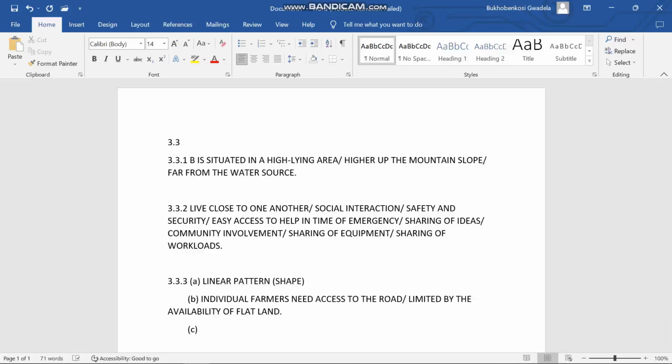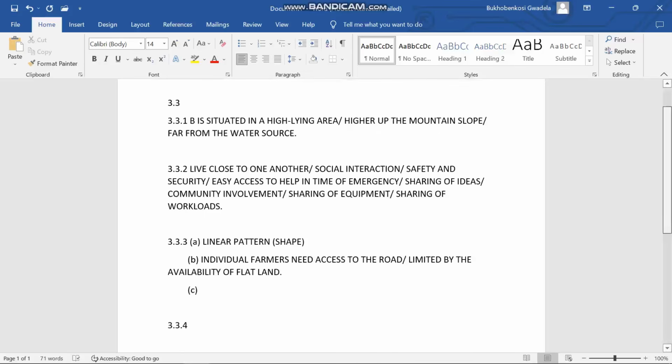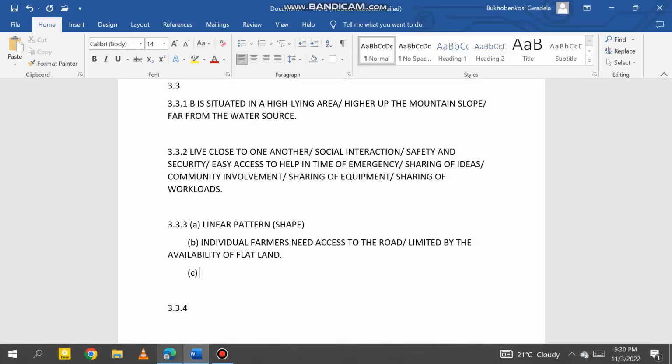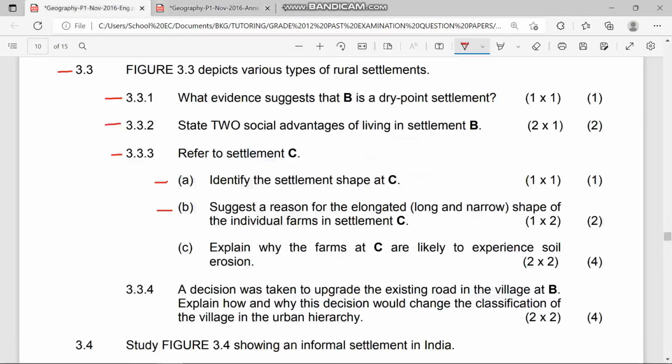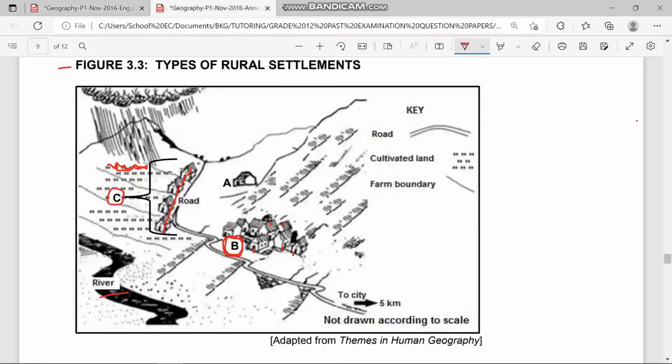So let's move to C. C says explain why the farms at sea are likely to experience soil erosion. You can see that at sea they're on a steep slope, so it's easy for erosion to take place. Gravitational force is so huge there, it pushes the topsoil to move downwards.